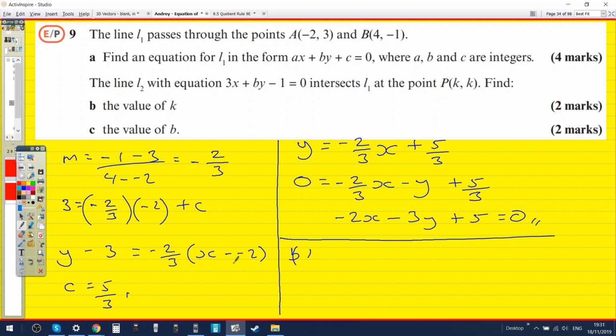No. Just a point of intersection. It's one line, it's another line, so there's only one point of intersection, so there's no need for the discriminant. Okay?